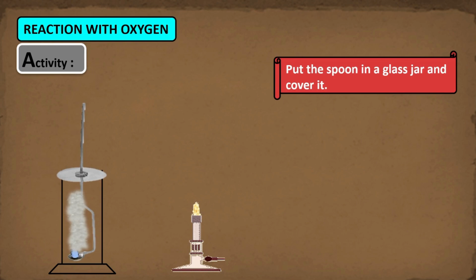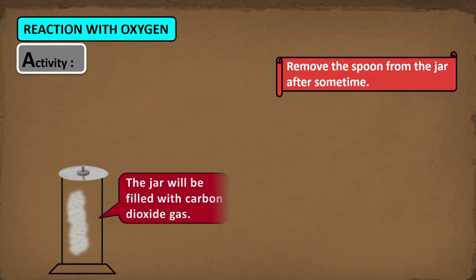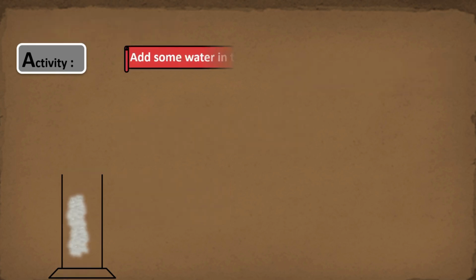Put the spoon in a glass jar and cover it. Remove the spoon from the jar after some time. The jar will be filled with carbon dioxide gas. C, carbon, plus O2, oxygen, gives CO2, carbon dioxide.